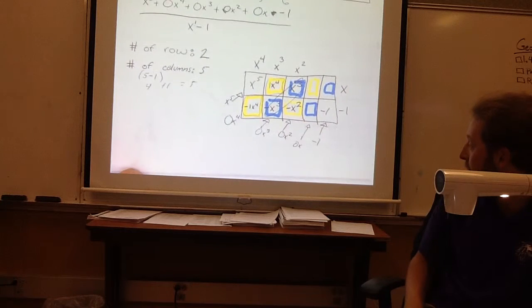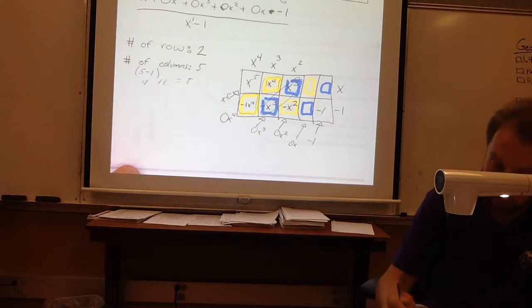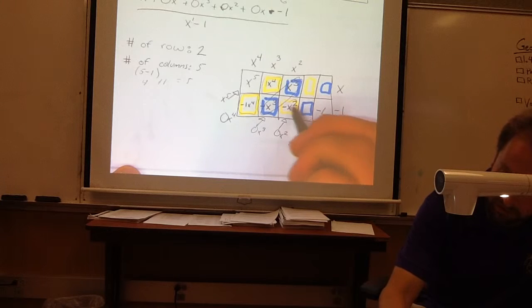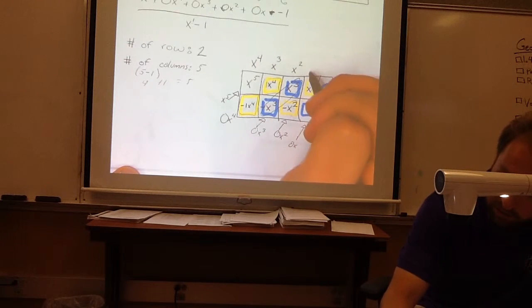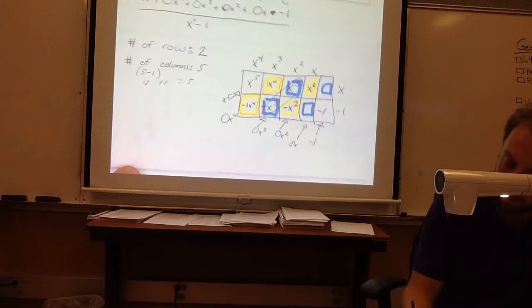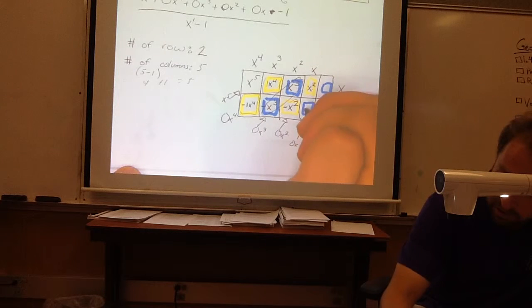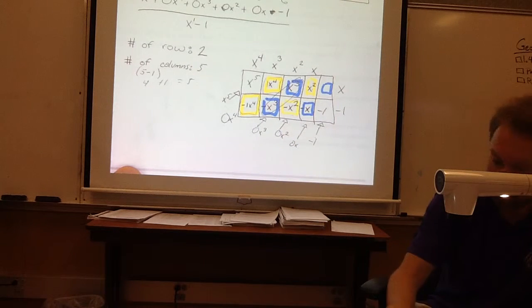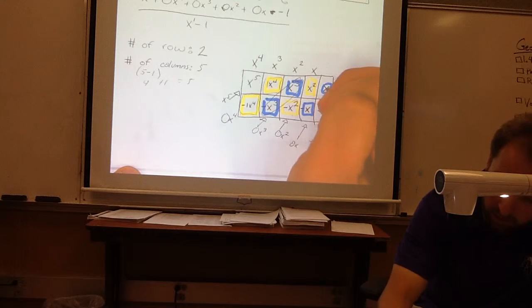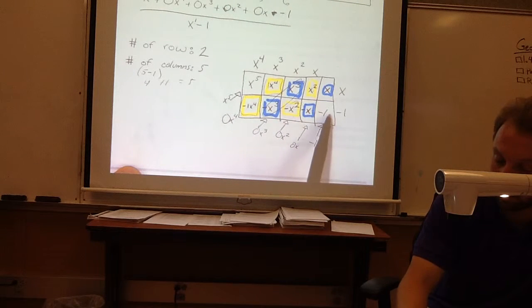You can start to see the pattern. If this is negative x squared, this has to be x squared because they're going to cancel out. That makes x squared divided by x just x. That makes this negative x. That's x. And then we can check our work here.